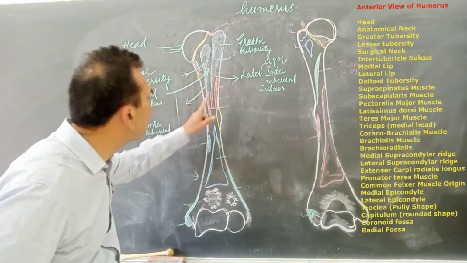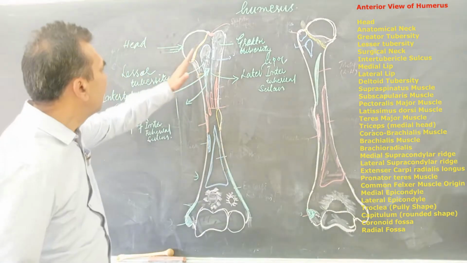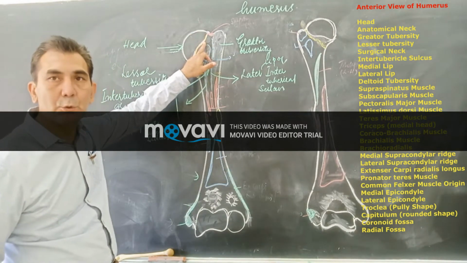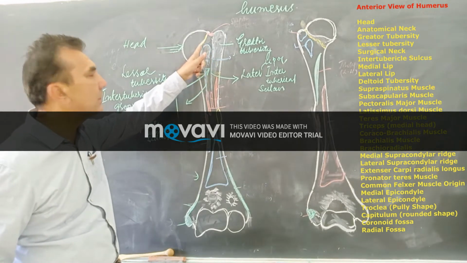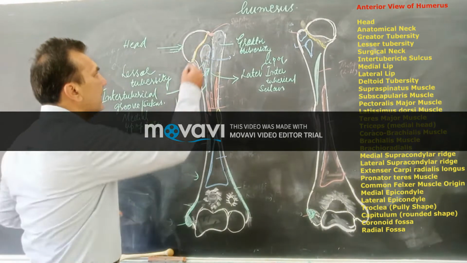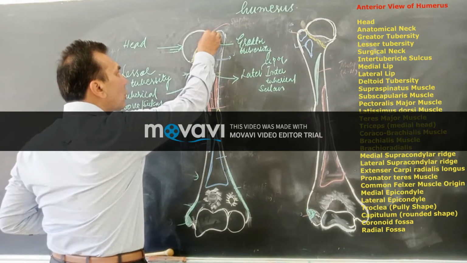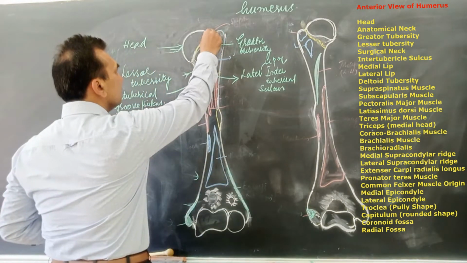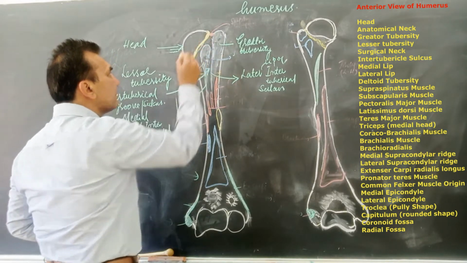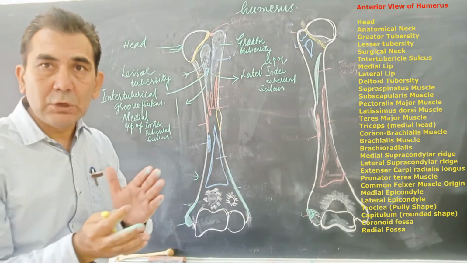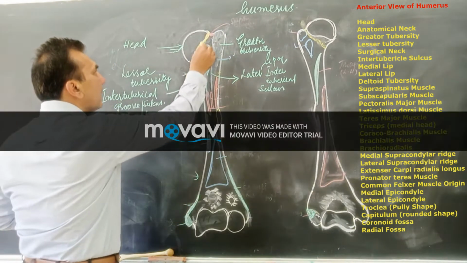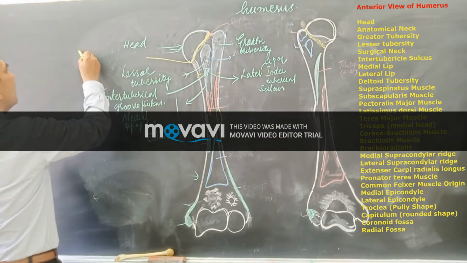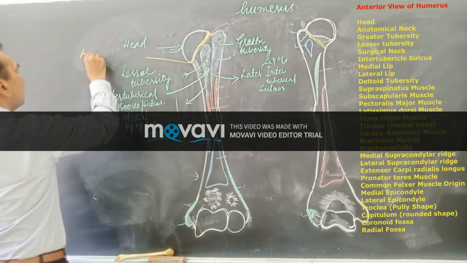Just below the head of the humerus is the neck, and this neck is called the anatomical neck.